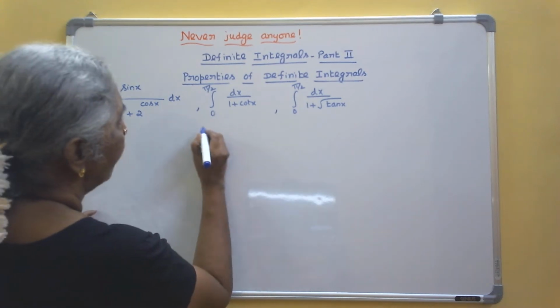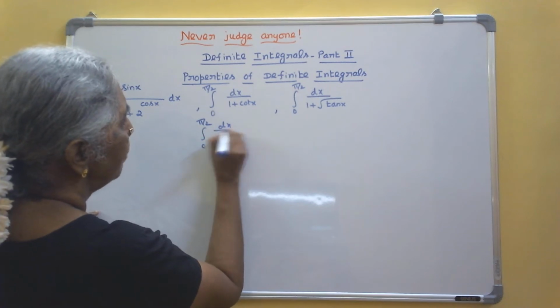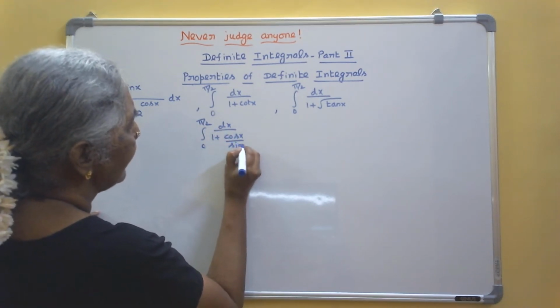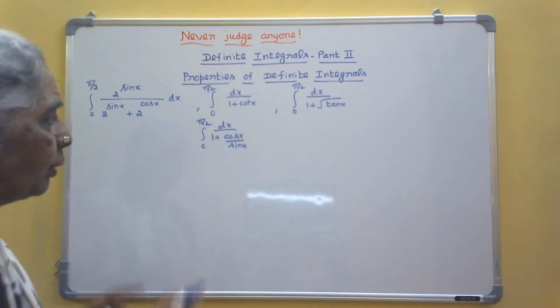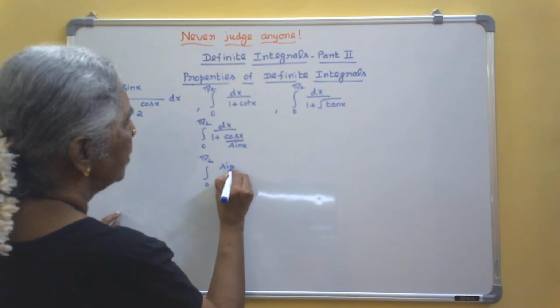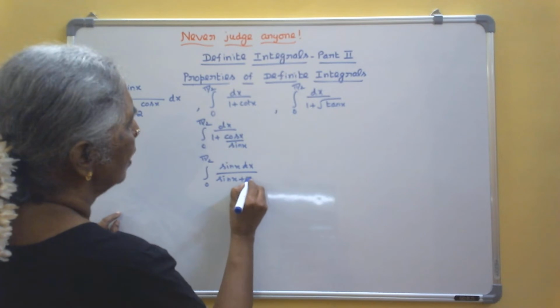That is, you can write this as integral 0 to pi by 2 dx by 1 plus cos x by sin x. Okay. Then when you take LCM in the denominator, this sin x will come here and now you will get sin x plus cos x.